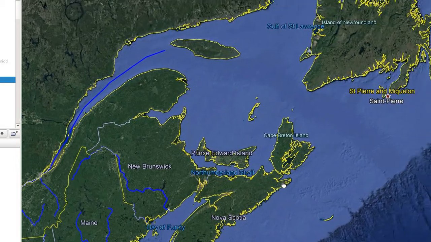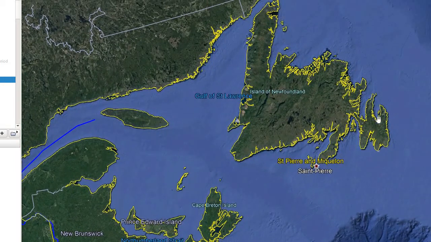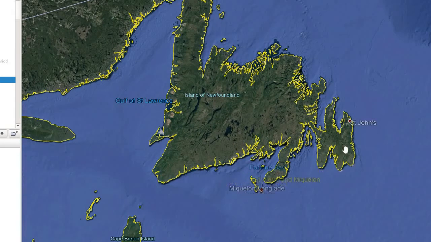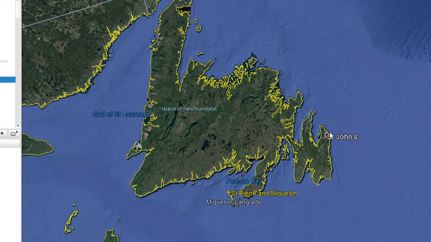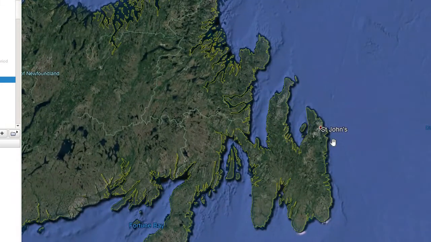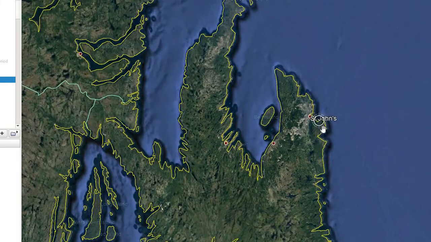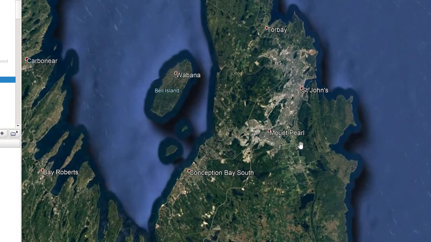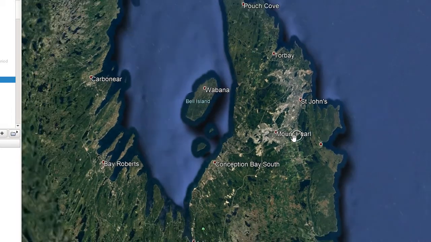And then if we head out here, we see Newfoundland. And so we can see how separated it is from these other spaces. And St. John's is this oldest English colony that's right here on the tip of this little peninsula that juts out into the North Atlantic.